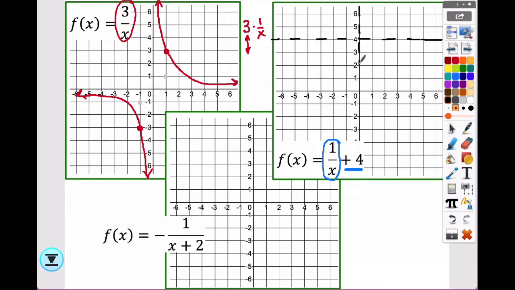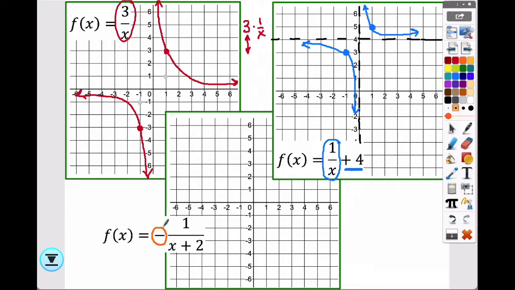The vertical asymptote stays put. So I'd be looking at my 1, 1 actually being up at 1, 5 now, and -1, -1 at -1, 3. And so then you can sort of picture how that whole graph has just been shifted up 4 units. Just a nice quick way to get some basic rational functions graphed.